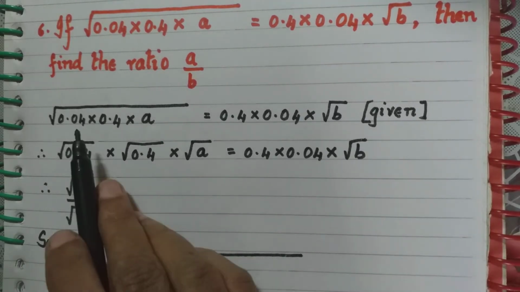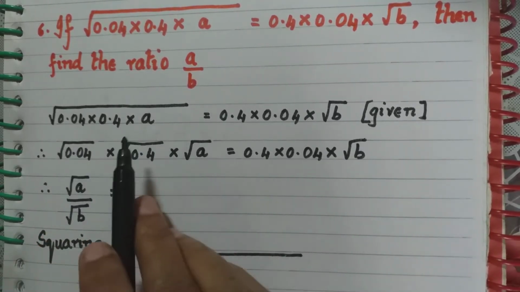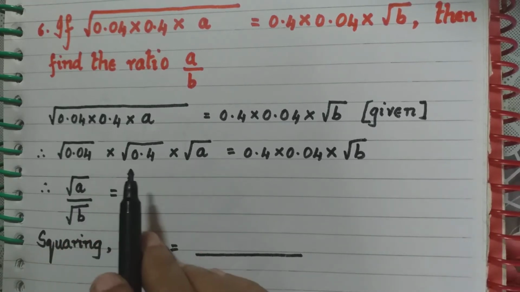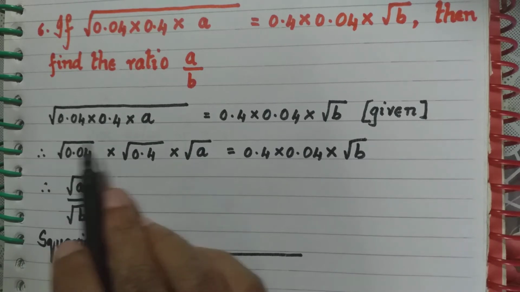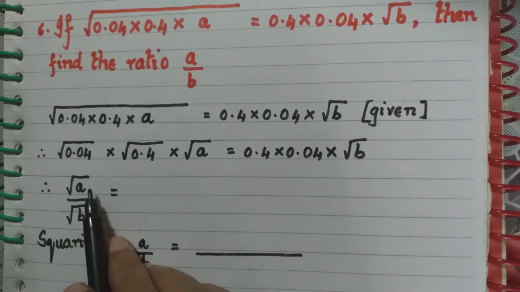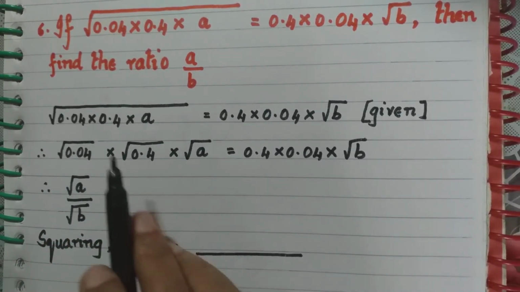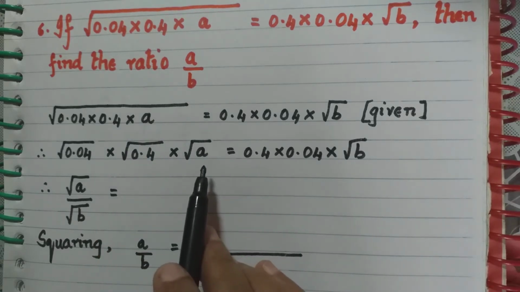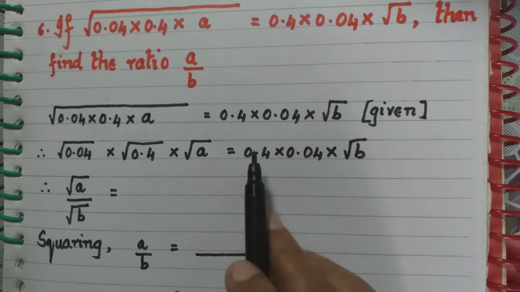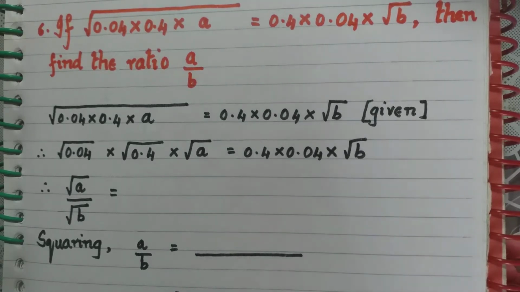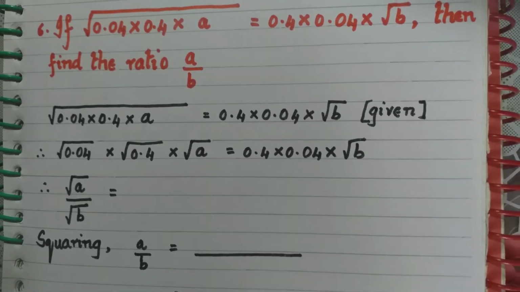Now what I will do, I will write each of these terms inside the square root sign. So what happens here? This becomes square root of 0.04 into square root of 0.4 into square root a. This right hand side part, I write it as it is.